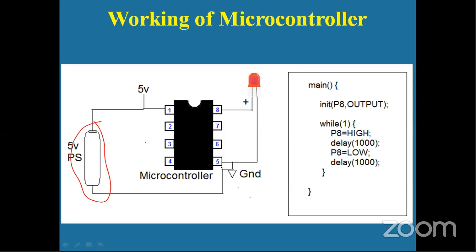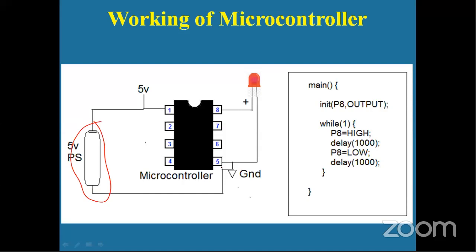Microcontrollers are designed in that way: the moment you give it power, plus 5 volt to pin number 1 and ground on pin number 5, whatever program is inside the memory will be given to the ALU and the ALU will start executing it. This is how all microcontrollers are designed.